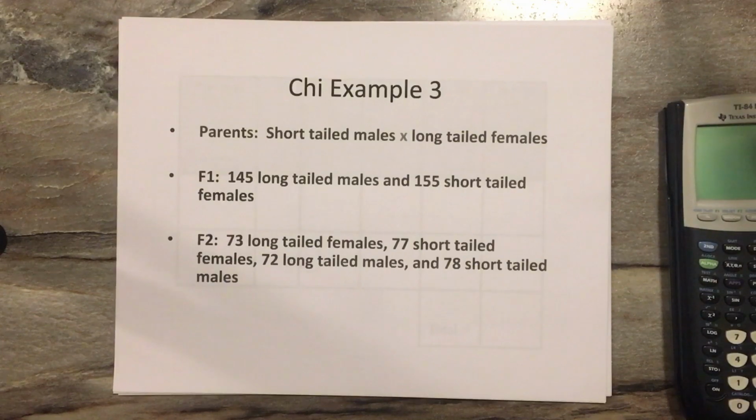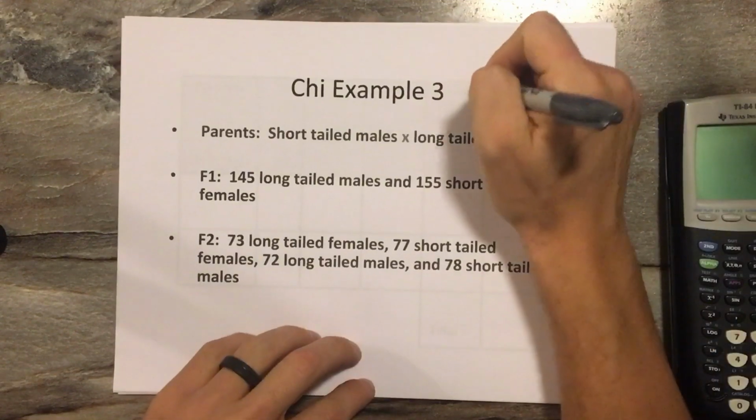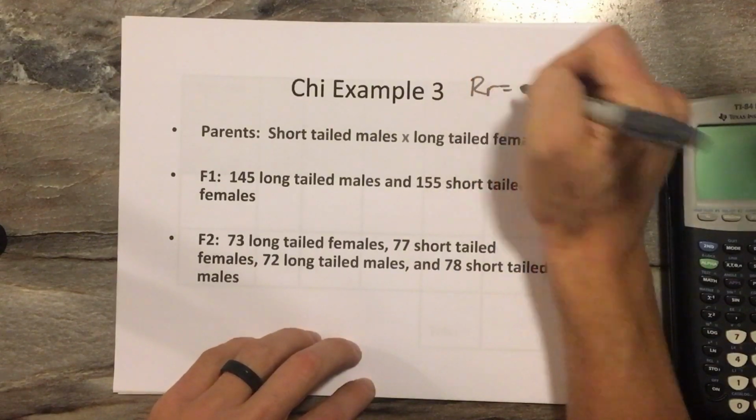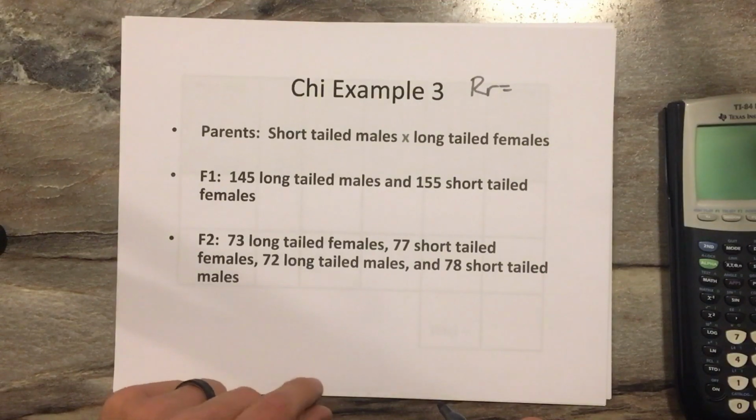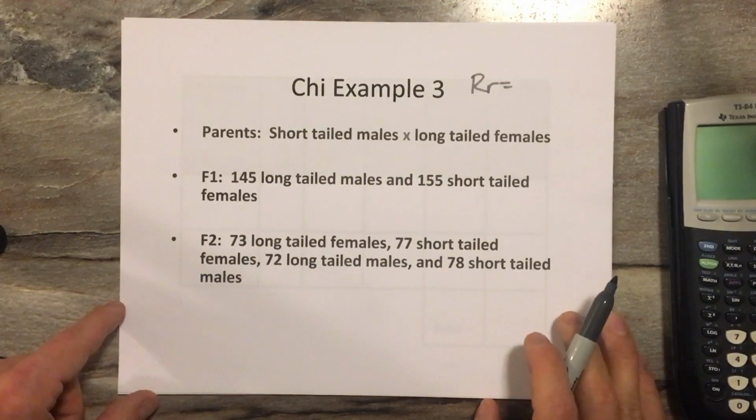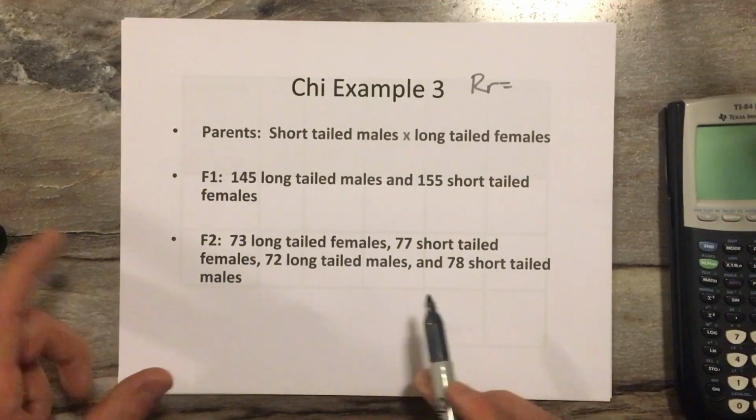All right, let's kind of recall what all these different types of inheritance mean. If we have incomplete dominance, remember the heterozygous, like big or little r, it's going to be a blend of the two. It'd be like a long-short tail guy.